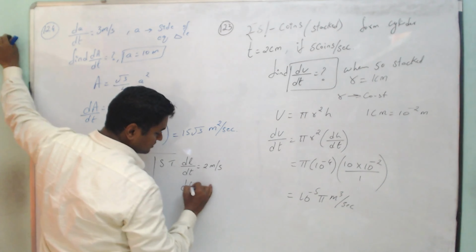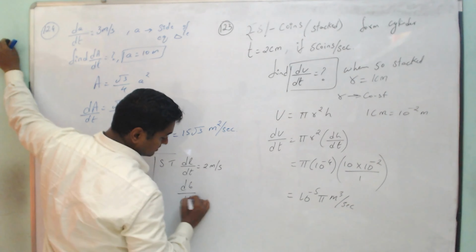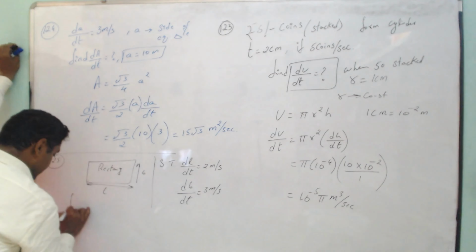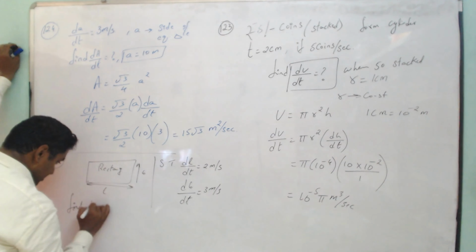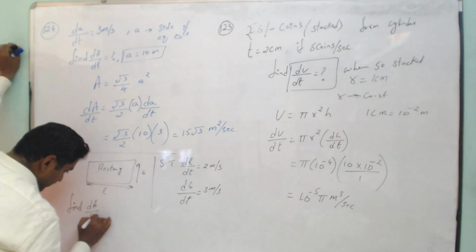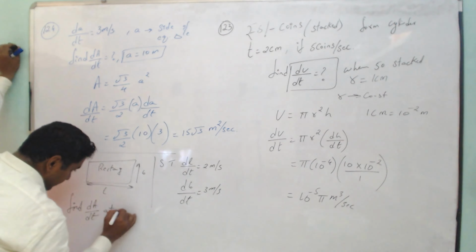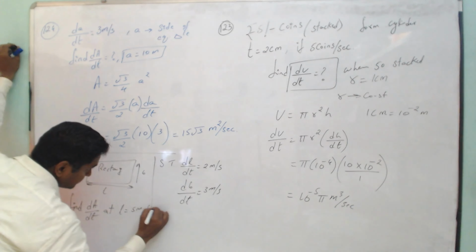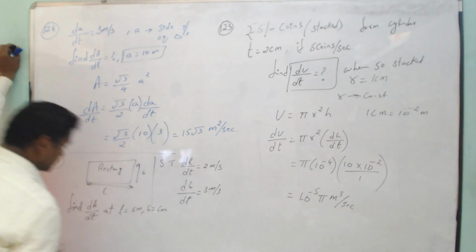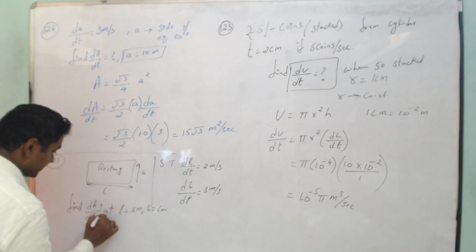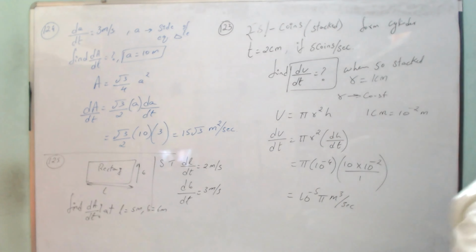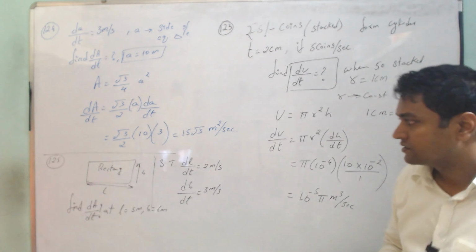The rate at which the breadth is varying is 3 meters per second. Find the rate at which the area of the rectangle is varying, dA by dt, when L is equal to 5 meters and B is equal to 6 meters.